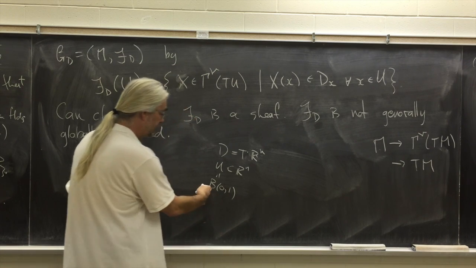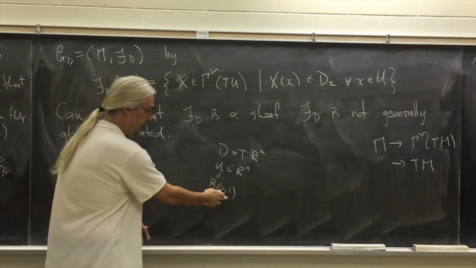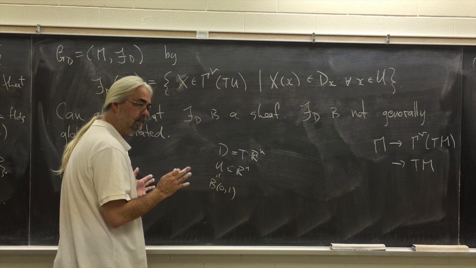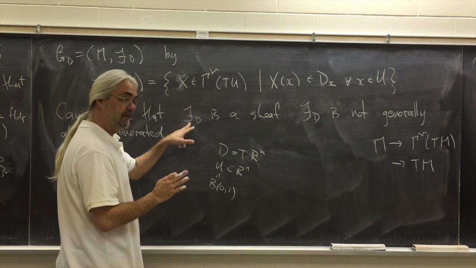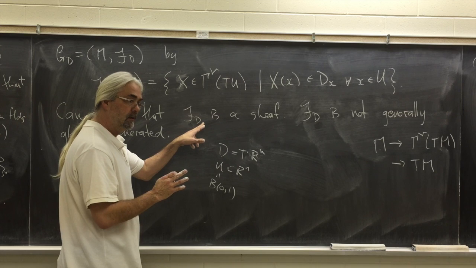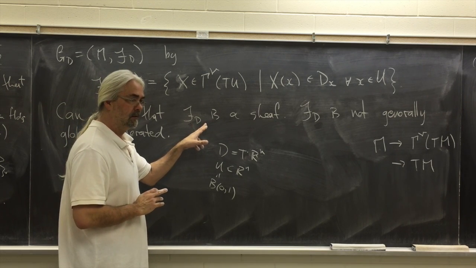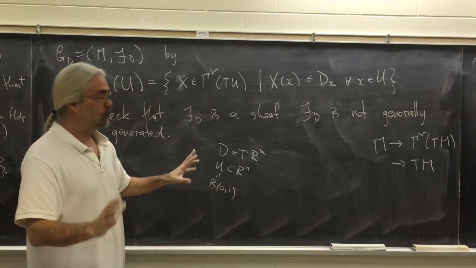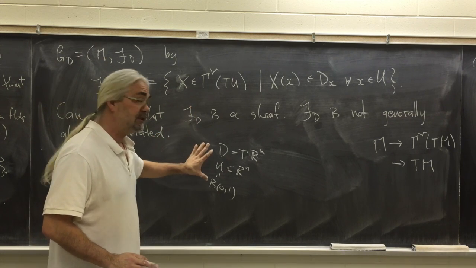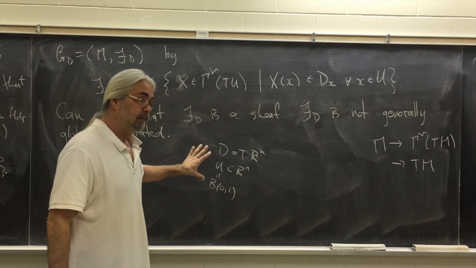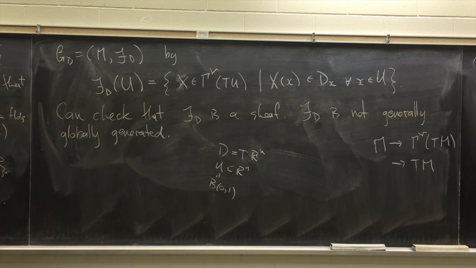Now take a vector field on U which blows up at the boundary of the open ball. That's definitely going to be a section of this over the open set U, but it definitely will not be the restriction of something globally defined. So that's one. There are many ways that this isn't globally generated. This is the most boring way. No, that's interesting. Yeah, yeah.